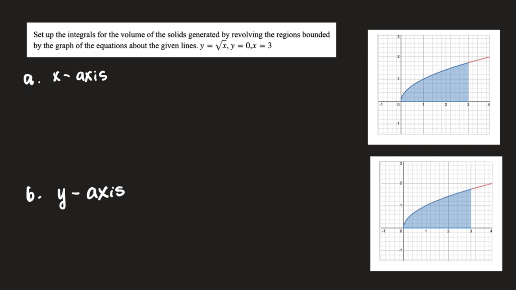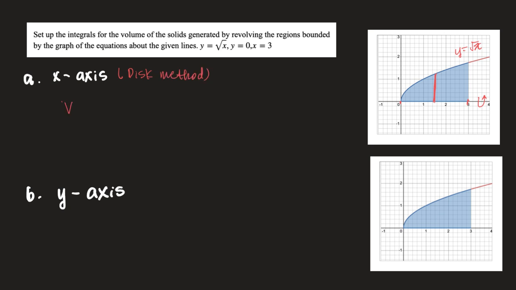Let's start with rotating over the x-axis and rotating over the y-axis. The function is y equals square root of x, from 0 to 3. The first one is rotating over the x-axis, so you draw the rectangle perpendicular to the x-axis. Here is the rectangle, and there is no hole at all, so this is the disk method.